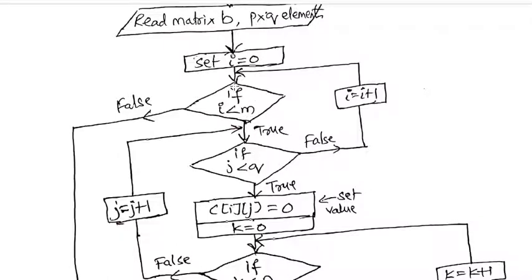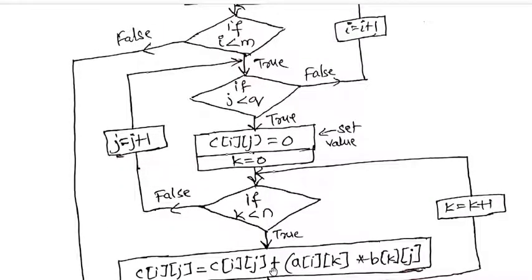If i is less than m, this whole set of 3 loops, which encloses these 2 loops, will keep on repeating.